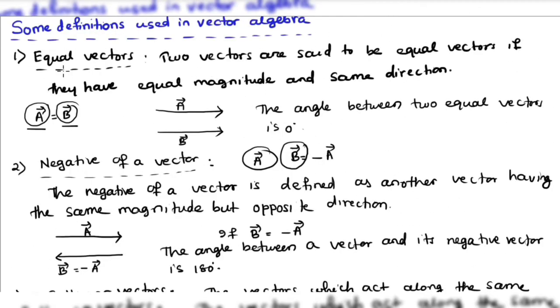In the first case, we are talking about equal vectors. Two vectors, if they are equal, have same magnitude and same direction. We need two conditions to be satisfied so that the two vectors become equal vectors. The first one is they should have same magnitude. The second one is they should have same direction.